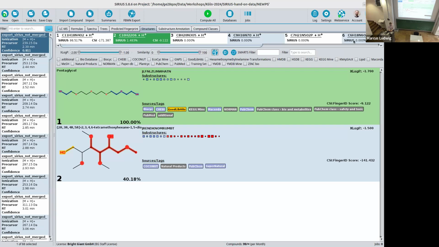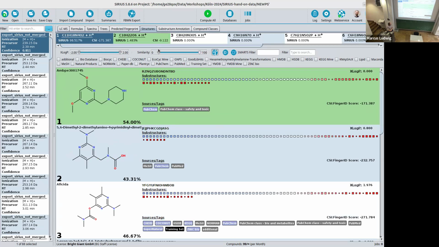Okay. So basically, I think that's all about the scores. You can also filter by XLogP, similarity, even a SMARTS matcher, or you could look for a specific database where it's contained, and then you can just filter your list. We talked already about the fingerprint. Like I said, this is now the best scoring hit.